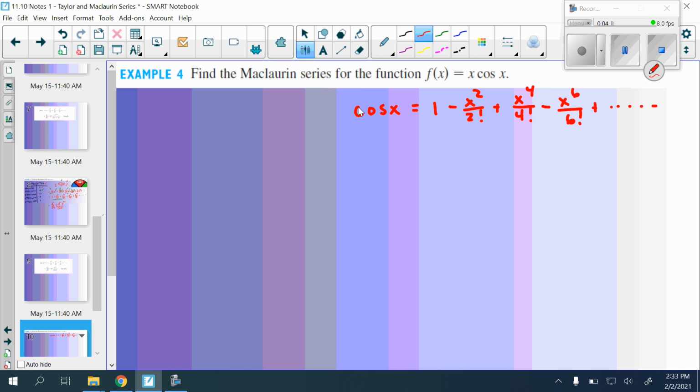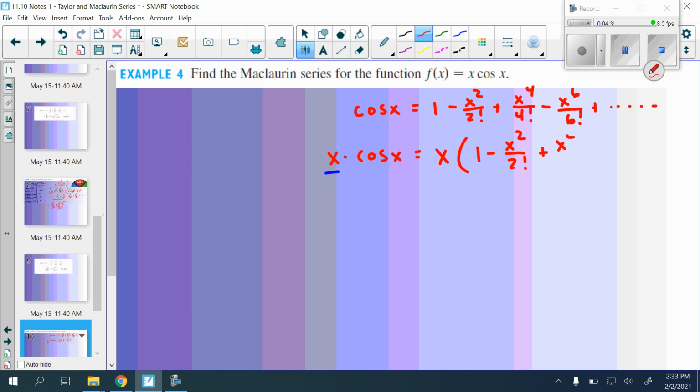So if we wanted x cosine x, we've got a new x on this side, so we can take this series and multiply each term by x, and it should give us this new series.